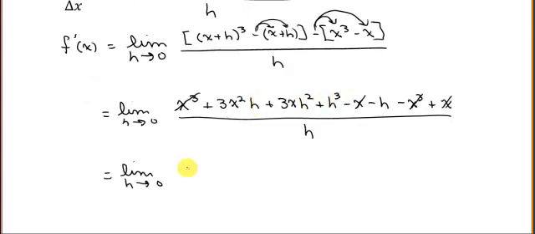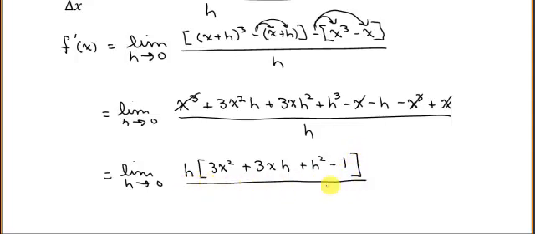So I can take out the factor of h, and I'll be left with 3x squared. In the next term, I'll be left with 3xh. In the next term, I'll be left with h squared. And in this term, I'll be left with a negative 1. This is all divided by h. And so the h's cancel.